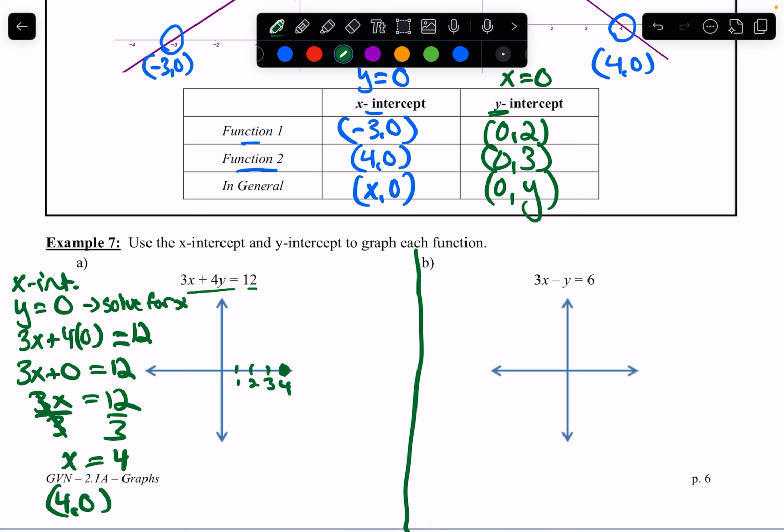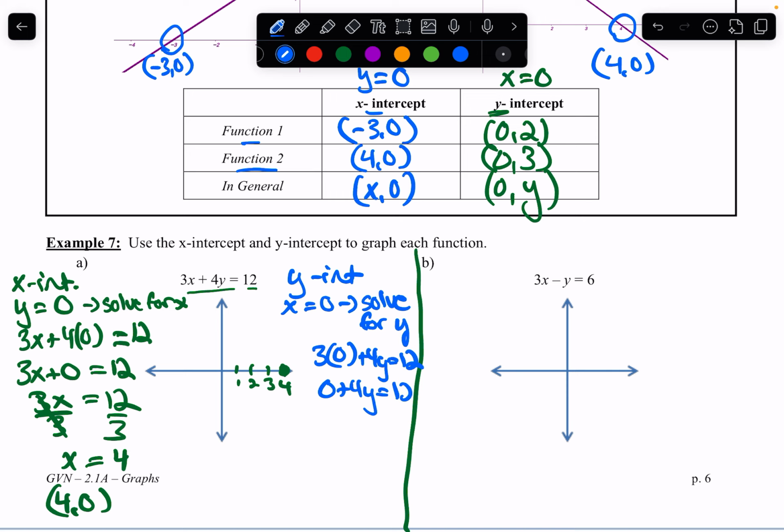Next, we're going to find our y-intercept. We set x equal to 0 and solve for y. So 3 times 0 plus 4y equals 12. 0 plus 4y equals 12. 4y equals 12.